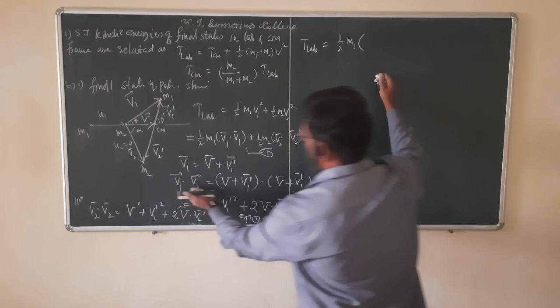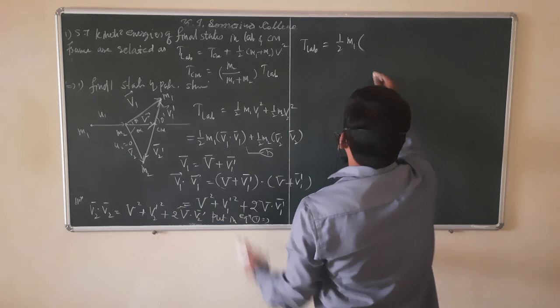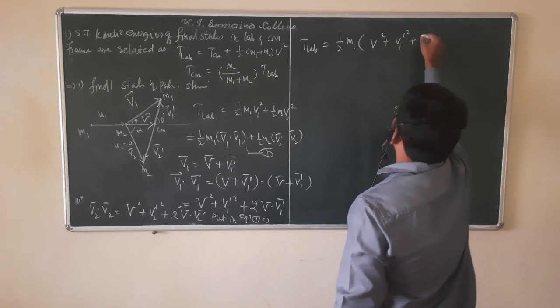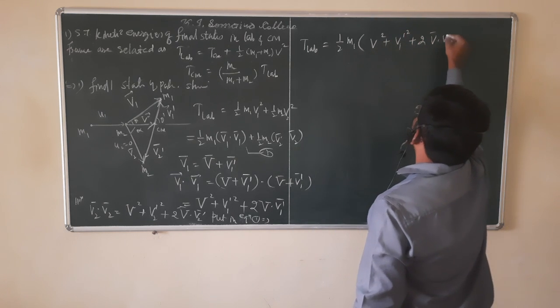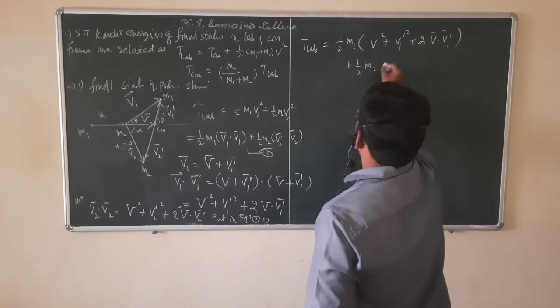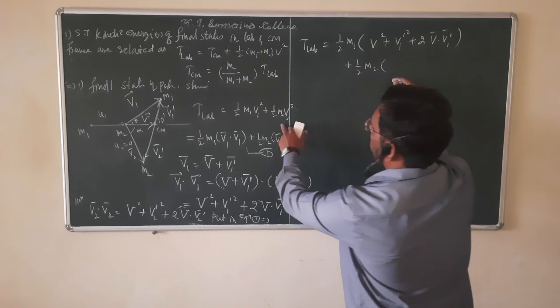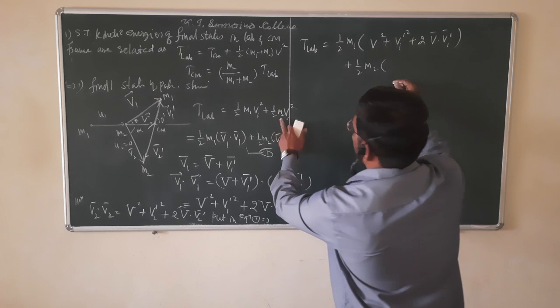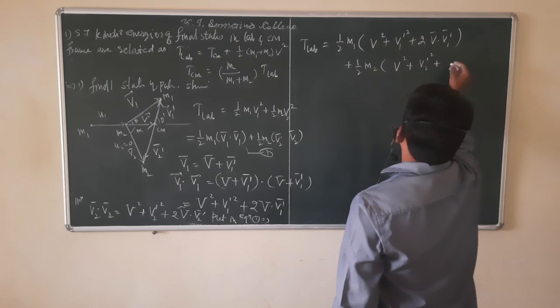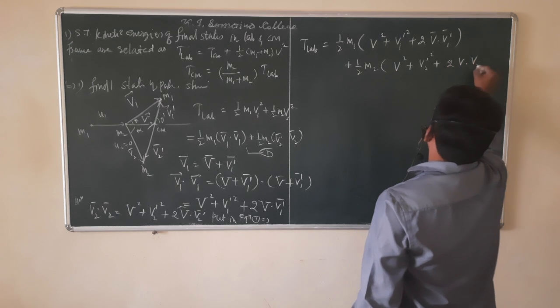So we get the kinetic energy in the lab frame is equal to 1/2 m1 into v1 square, where v1 square can be written as capital V square plus v1 dash square plus 2 times vector V dotted with v1 dash, plus 1/2 m2 into v2 square, where v2 square is again V square plus v2 dash square plus 2 times V dotted with v2 dash.